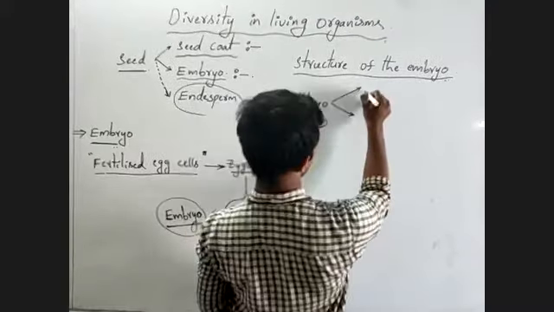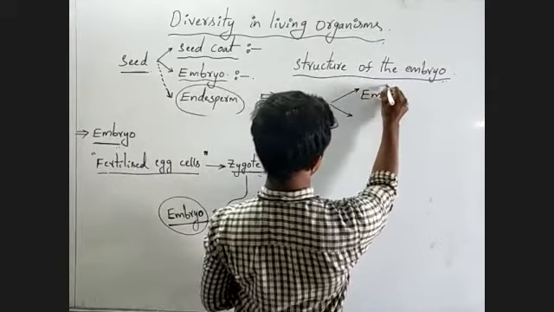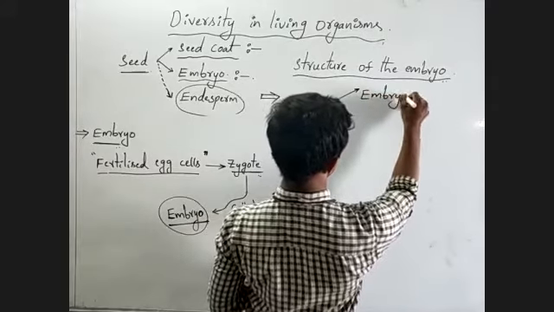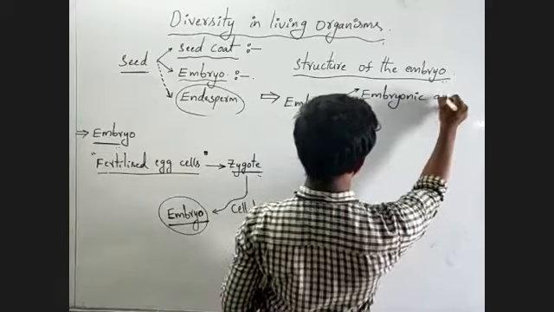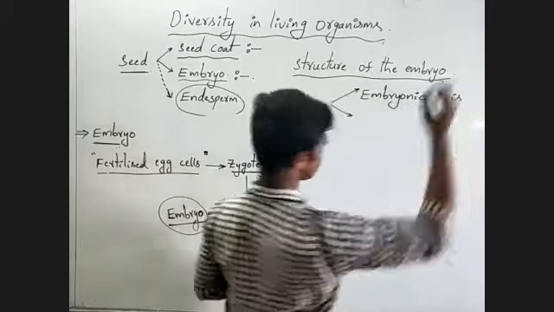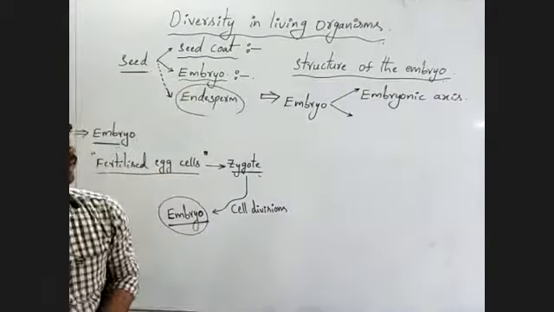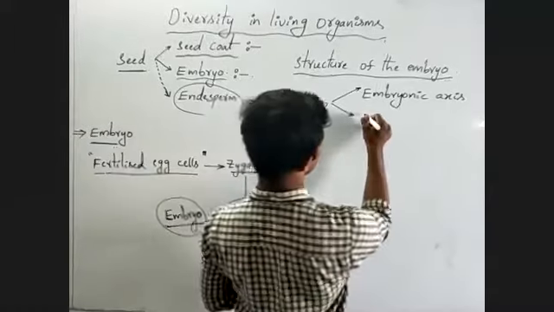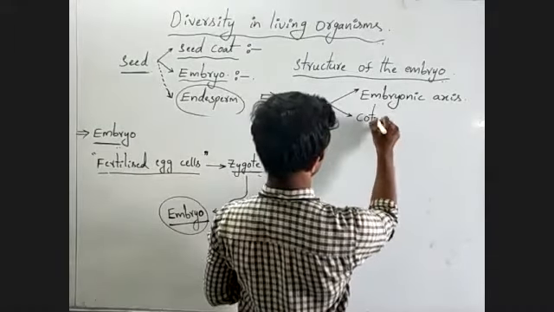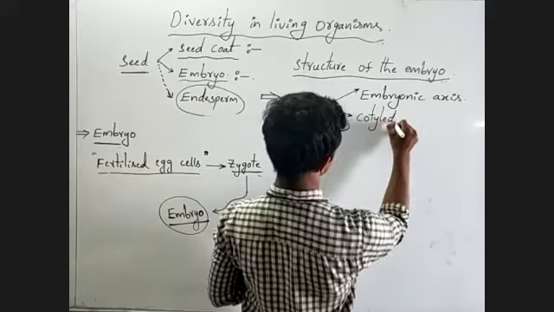First one, embryonic axis. Second one, cotyledon.